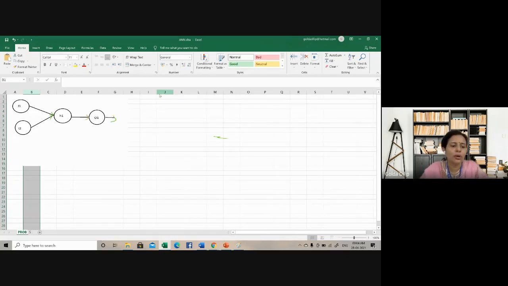I1 to H1 is associated with a weight, W1. I2 to H1 is associated with a weight, W2. And H1 to O1 is associated with a weight, W3. So these are the two input nodes, one hidden layer and one output layer.